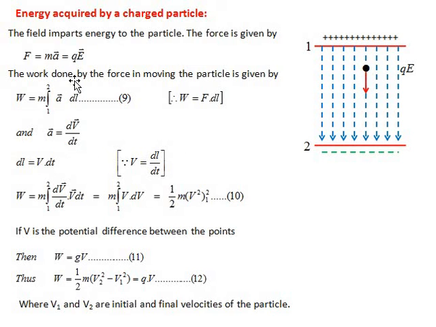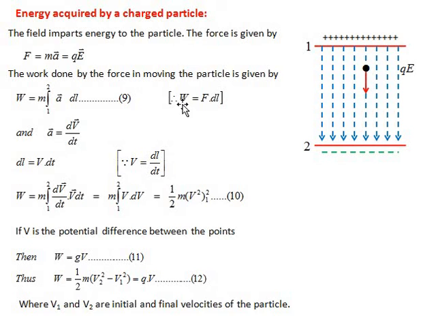The work done by the force in moving the particle, suppose the particle moves from position 1 to position 2 when the electric field exerts a force on it, can be calculated as follows. Work done is equal to the integral from point 1 to point 2 of m into acceleration a into dl.